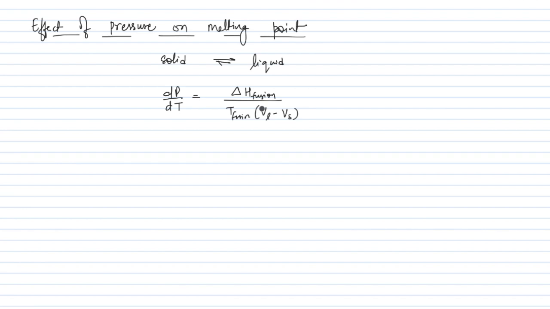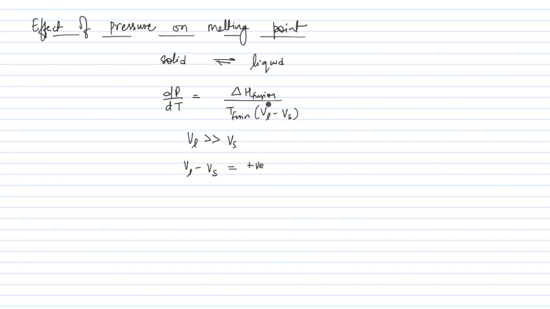Now we know that for any such system, the volume of your liquid part will be greater than the volume of solid part. So we can say that this particular value, that is VL minus VS, will be positive. All right, so that is going to be a positive term. So this particular part became a positive number.